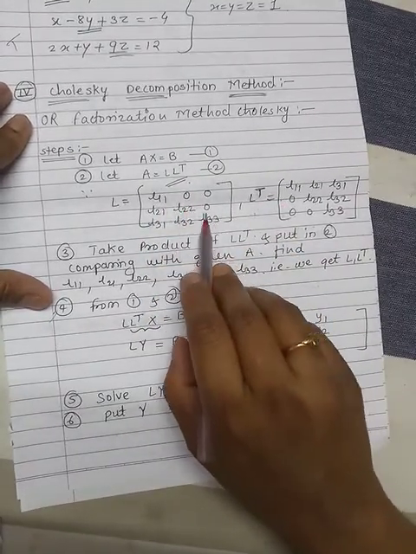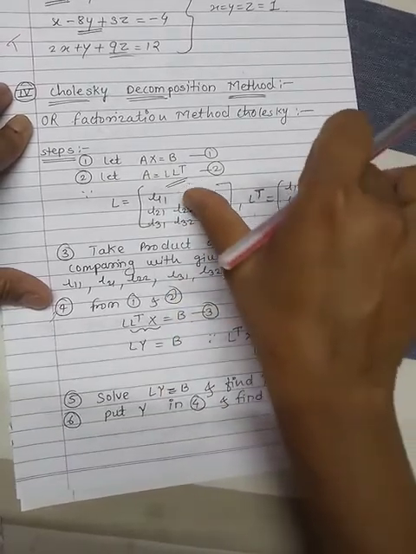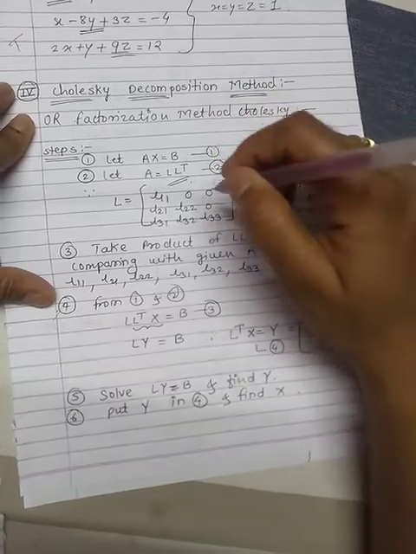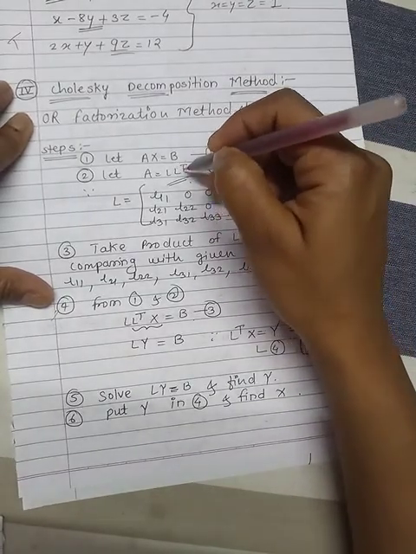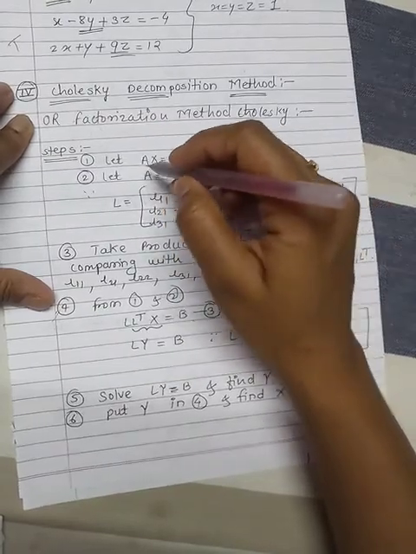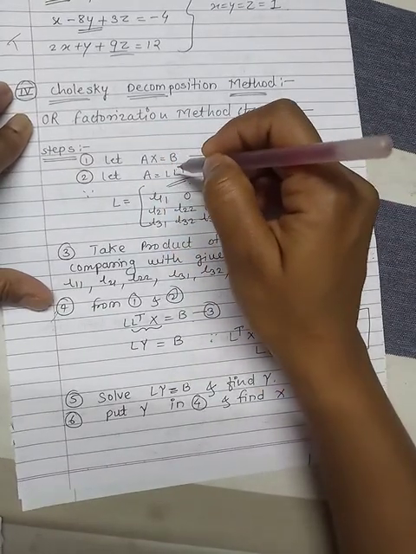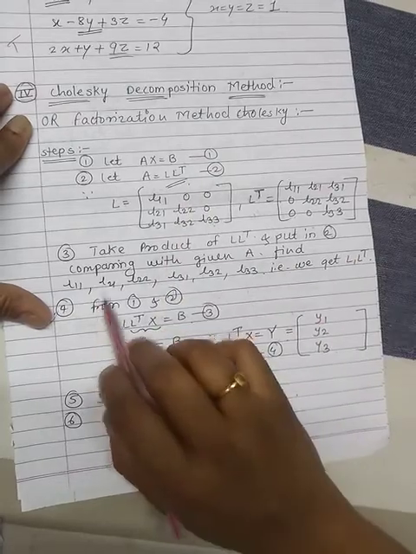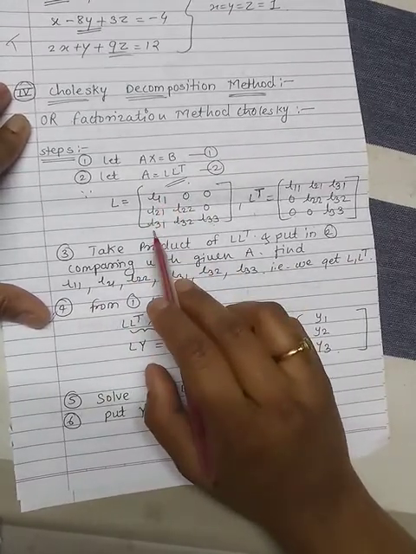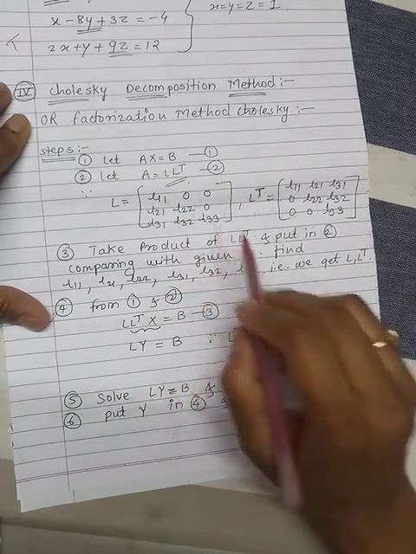These matrices are fixed, so take the multiplication, put the resultant matrix in the second equation, compare both matrices, and find the values of these unknown terms.